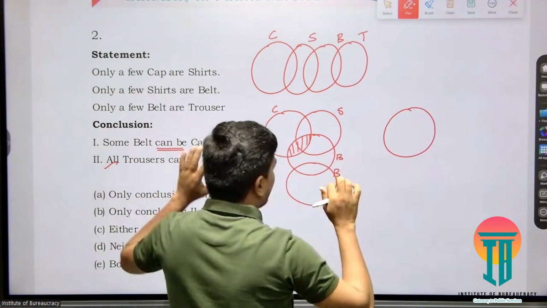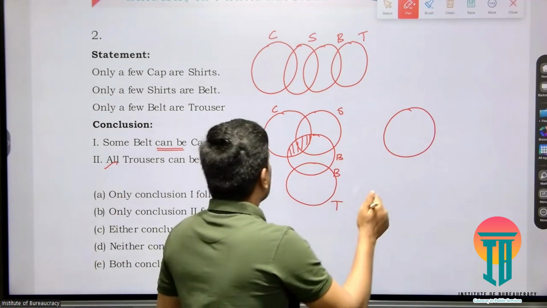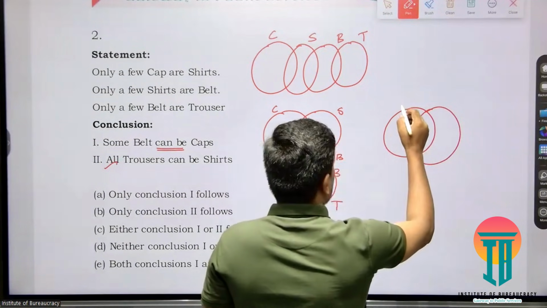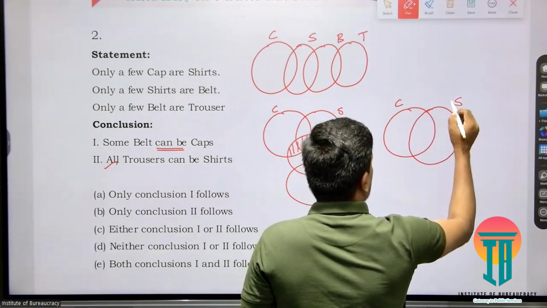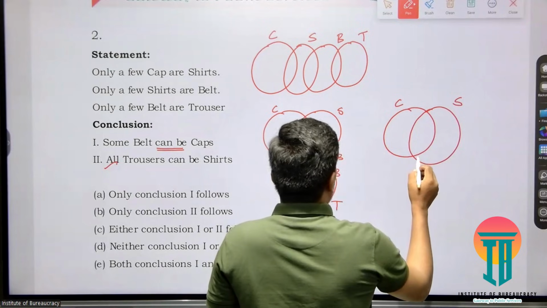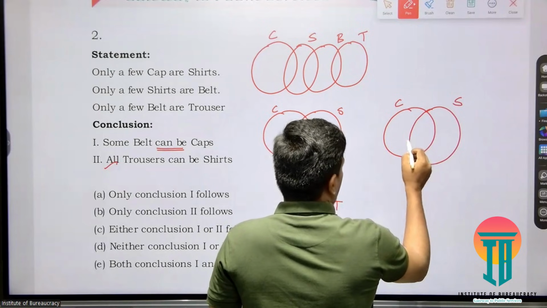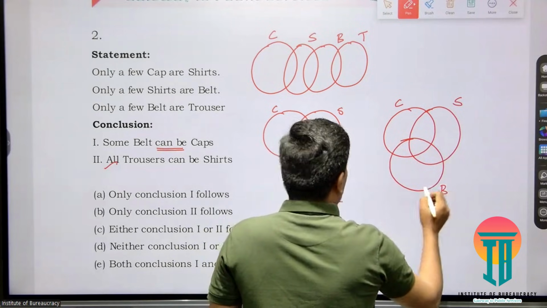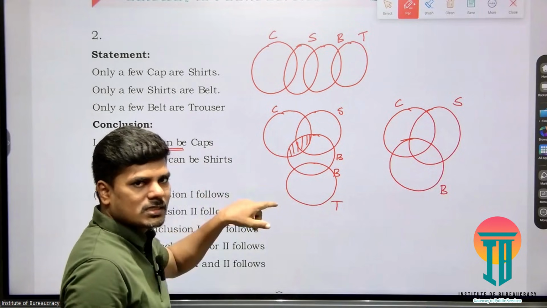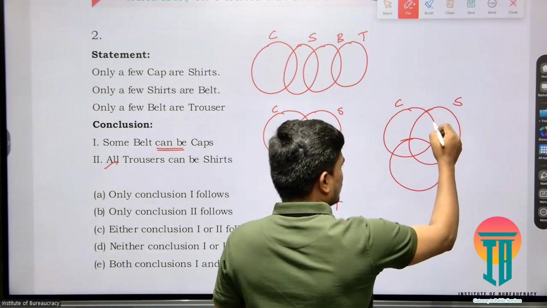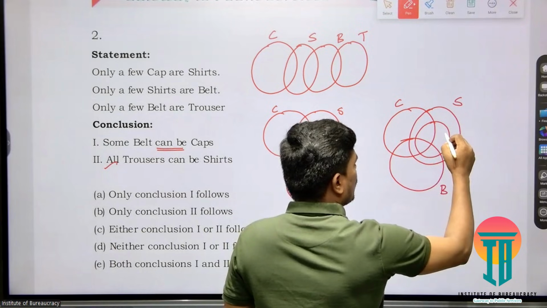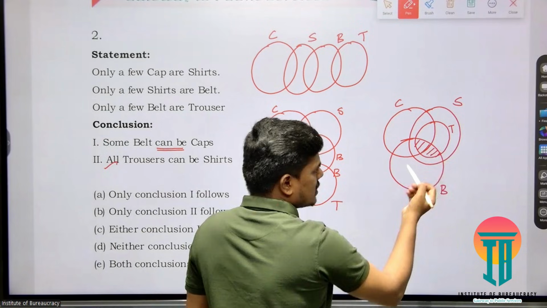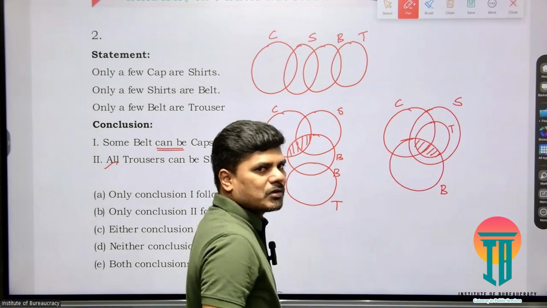But we should not violate the statements. So only few caps are shirts, and then you have belt here, few shirts are belts, and also only few belts are trousers. Suppose I draw like this, few belts are trousers. There is an intersection between belt and trouser.